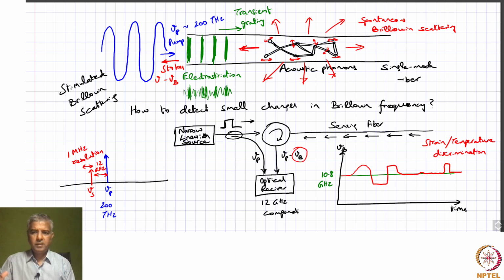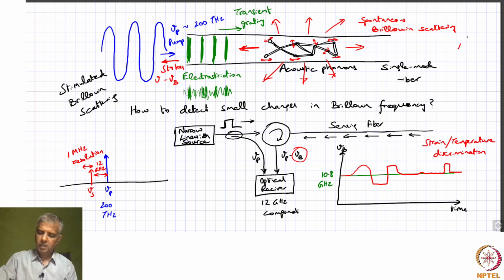But the other point is in a backscattered configuration, as you go deeper into the fiber, the amount of light that you are going to get is going to be very weak. And so, if you want to get a stronger signal at the receiver, you could possibly go for this technique called BOTDA.